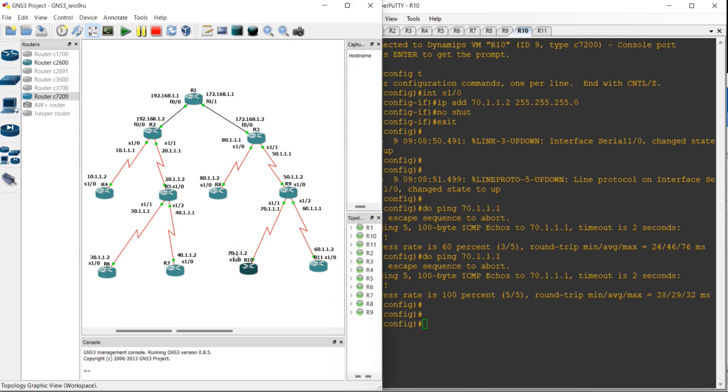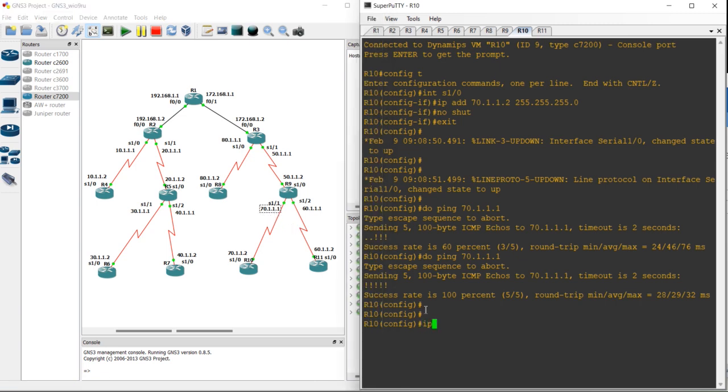Router 10 has only one network, which is 70. So the exit IP to use for all other networks is 70.1.1.1.